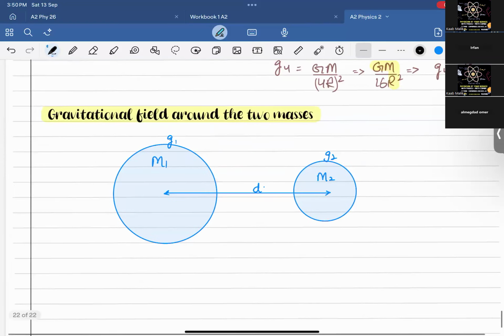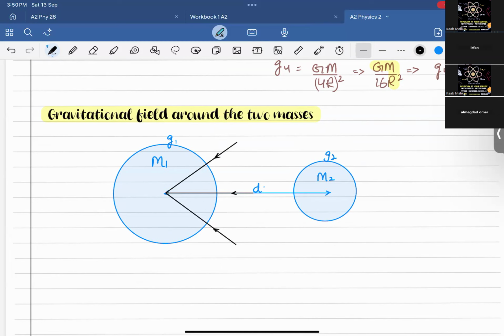Now you know that the gravitational field is a vector quantity and it heavily depends on the direction. So if I draw the gravitational field line around the planet, it will be inward, like this.